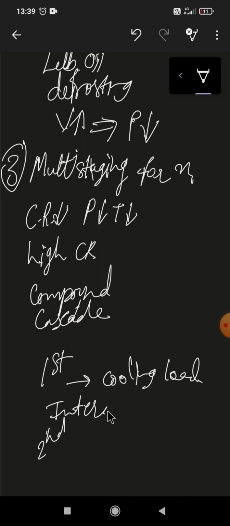A part of the high pressure liquid from the condenser is flashed and used for liquid subcooling. The second compressor therefore has to meet the load of the evaporator and flash gas.